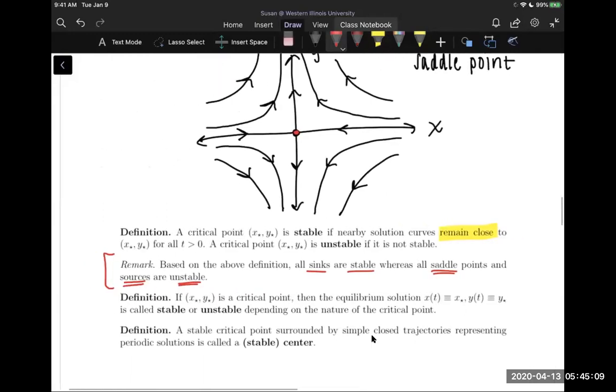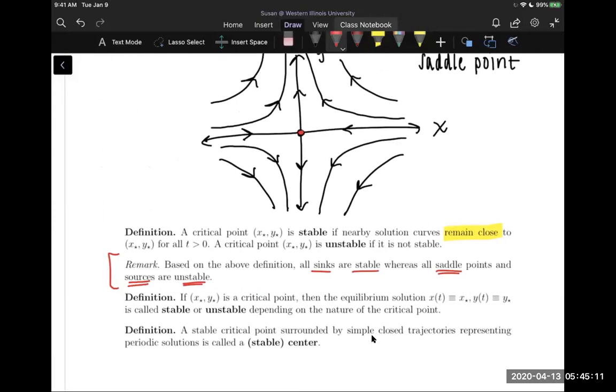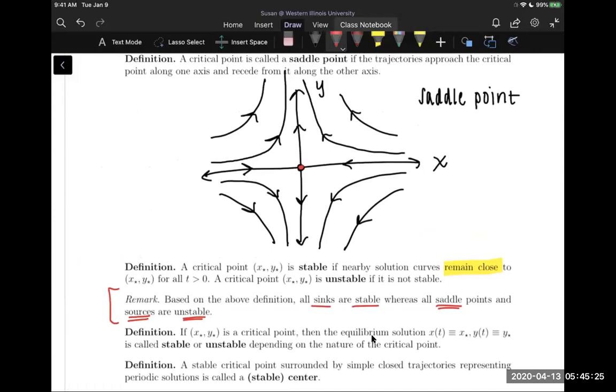I think it's fairly clear why sinks are stable and sources are unstable. Sinks are emanating toward your critical points and sources are receding away from it. So that fits right in with the stable and unstable definition. Saddle points are kind of odd because at first they start heading toward your critical point, but then they take a curve and they move away and then they continue in that path for eternity.